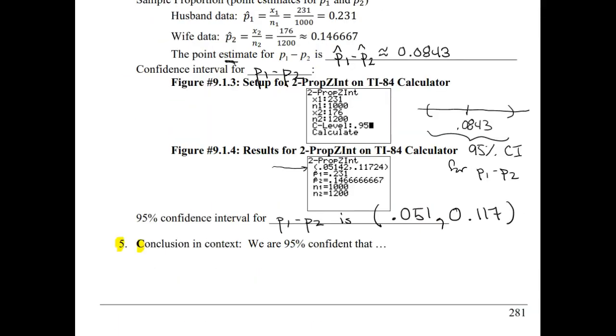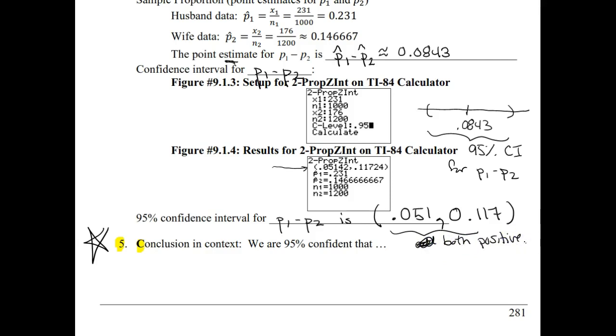Our last step here is the conclusion in context. This is where our concluding statements get really wacky sometimes. We're looking at the difference between P1 and P2, and these are both positive numbers.